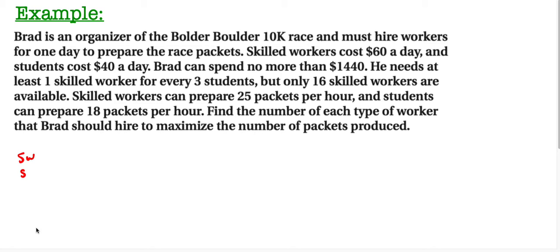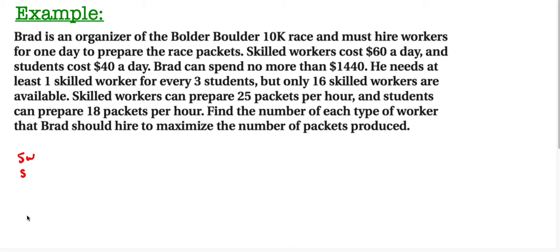Victoria, do you want the easy question to start with? Yeah. Okay. I mean, I wasn't expecting a no, but who knows? What should I write for skilled workers and students? If you look at the last example, it'll tell you exactly what to do. The first two equations are generally going to be the same. Wait, did you write anything down from the last one? Yeah.